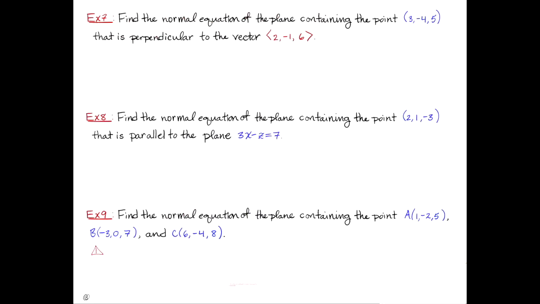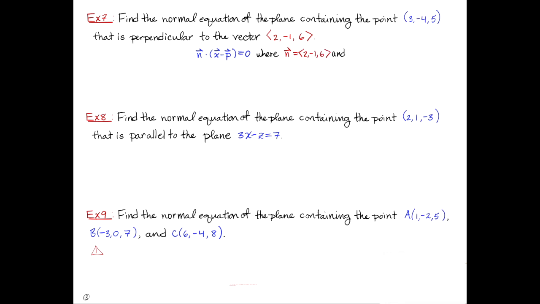Let's do an example. Let's find the normal equation of a plane that's containing the point 3, negative 4, 5, that is perpendicular to the vector 2, negative 1, 6. We know the equation of a plane is going to be the dot product between the normal vector and x minus p, where p is a point on the plane. And so in our case, we have the normal vector 2, negative 1, 6.